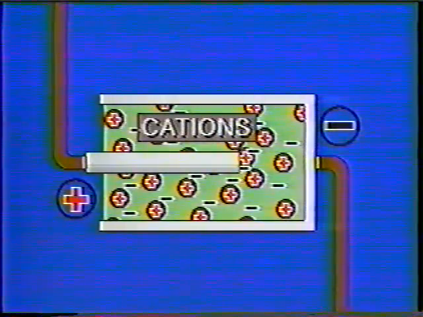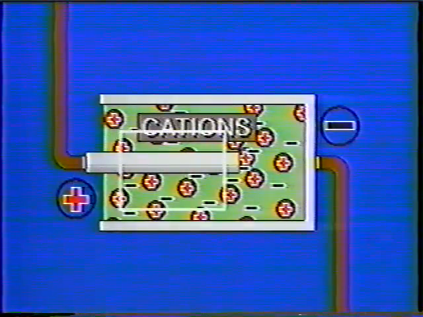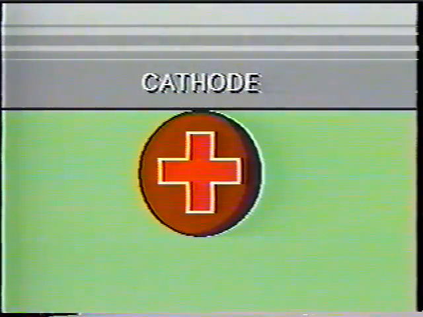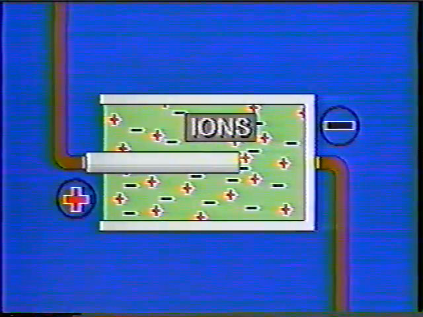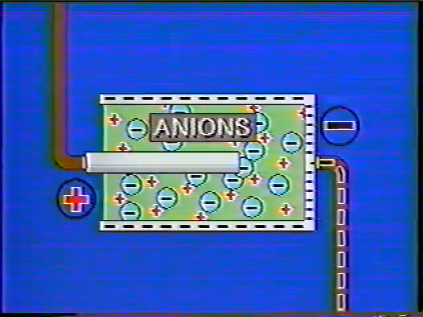Cations migrate towards the cathode. And when we look closely at the cathode, sure enough, some of the cations are gaining electrons and being reduced to atoms. The negative ions in the electrolyte are called anions.